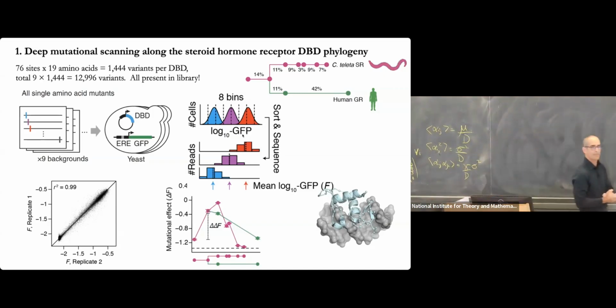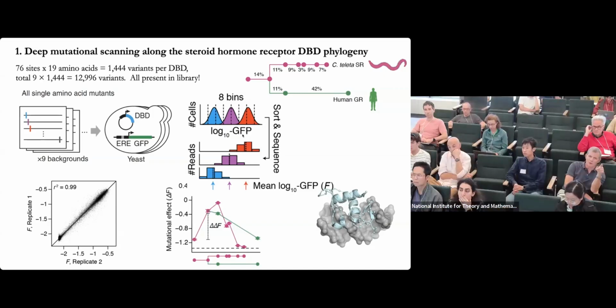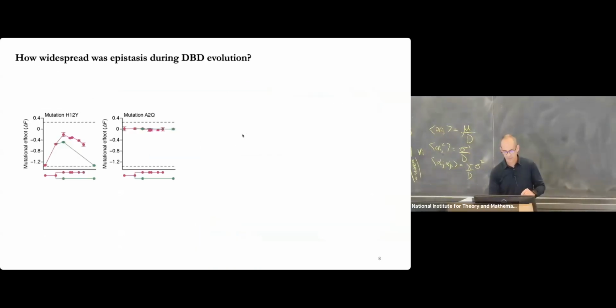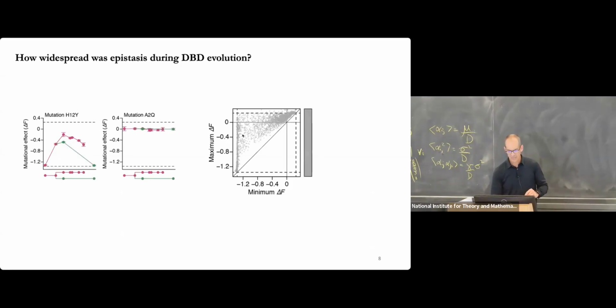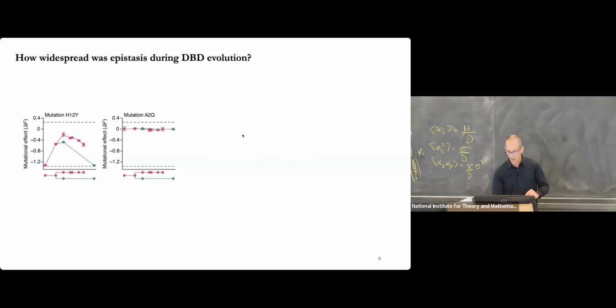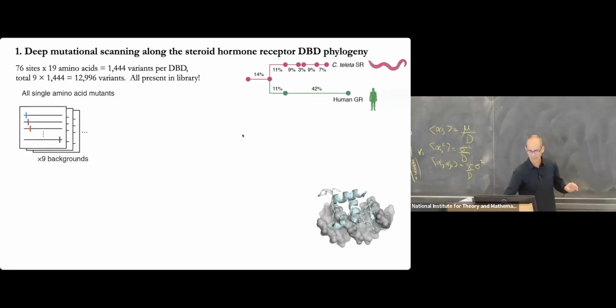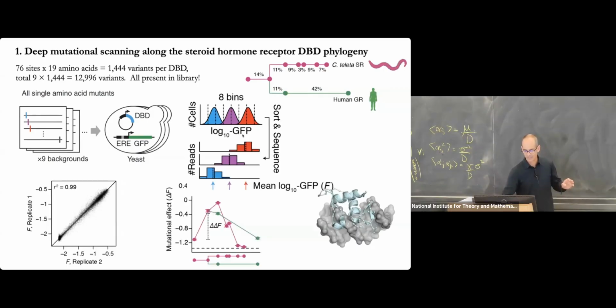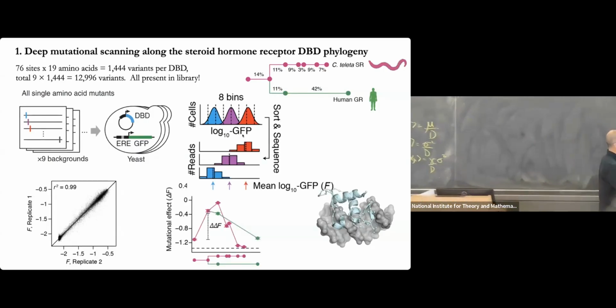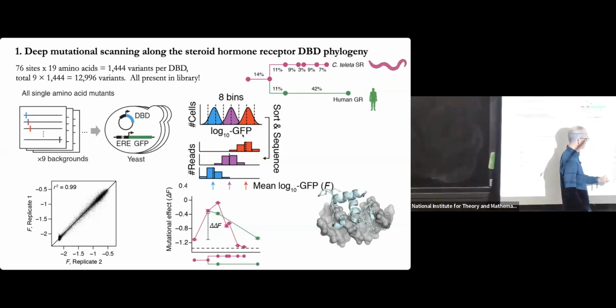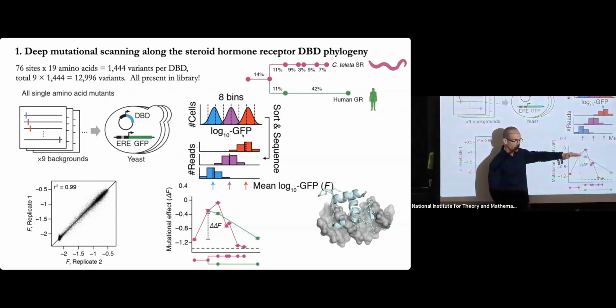You've shown all these being negative, so you've reconstructed one which is a local maximum. I think the next slide will answer this. Oh, do I not have it? Okay, so all of the ancestors have nearly identical function, which is right about here.